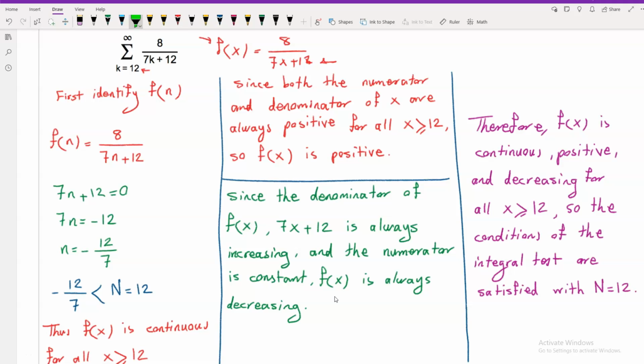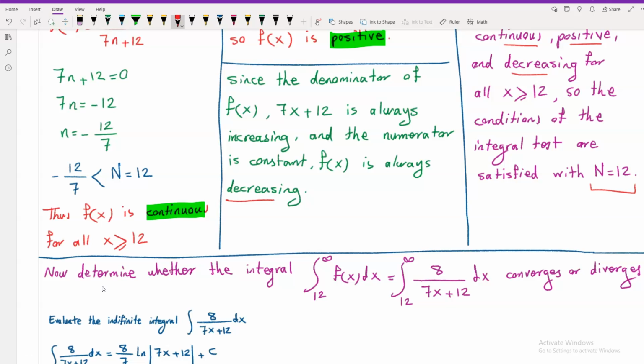So our function f of x is continuous, positive, decreasing for all x greater than or equal to 12. So the conditions of the integral test are satisfied with N equal to 12.